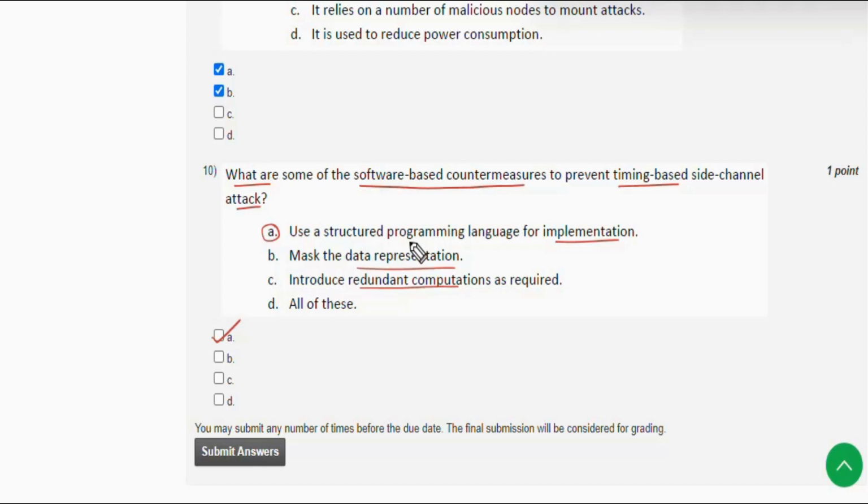Use a structured programming language for implementation. Options B and C are both countermeasures to prevent power analysis attack. So the answer will be A.